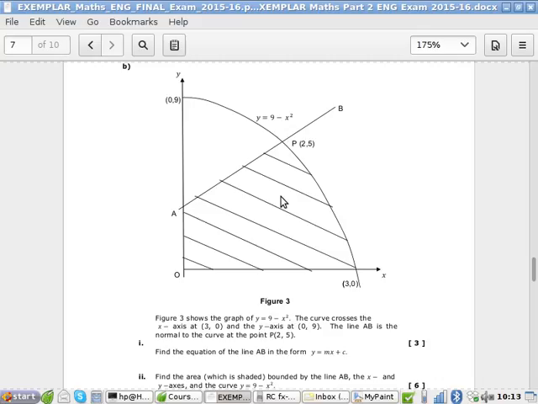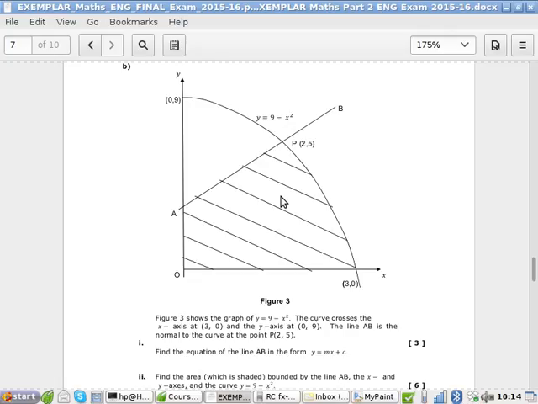So we want to get this area now. How do we get this area? What do we need to integrate? Be very careful. So, firstly, what are the limits? I mean the x's, from where to where.